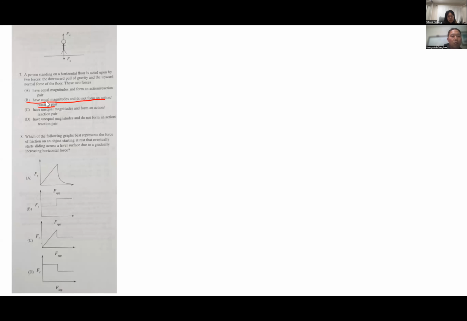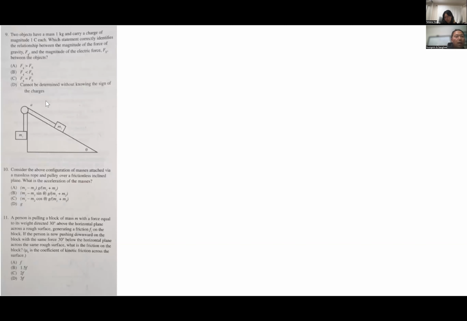But once the object starts to move, the frictional force suddenly drops down, and the object moves with a constant frictional force, or resistance on the surface.